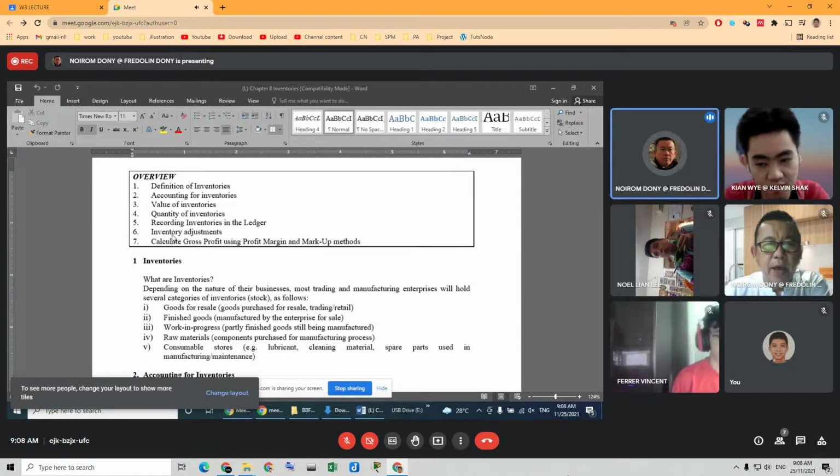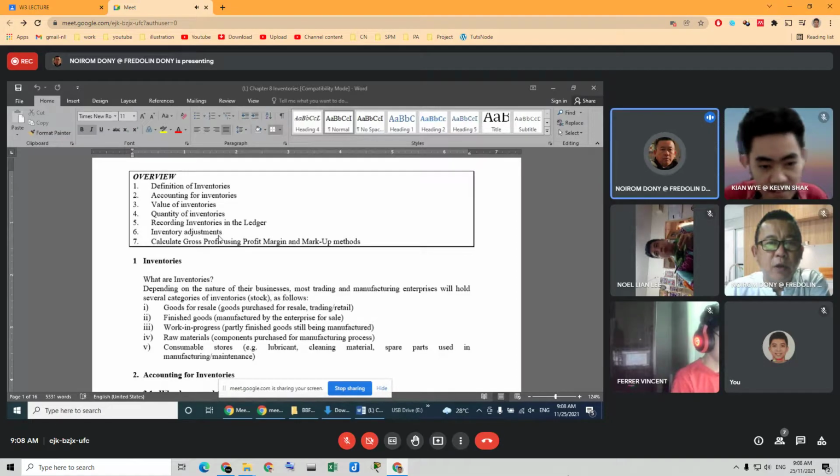And we have inventory adjustment as well, because some of the inventory that is being delivered to the customer, even though it's been delivered, the ownership of the inventory still belongs to the seller, on a consignment basis. So we have to do inventory adjustment.